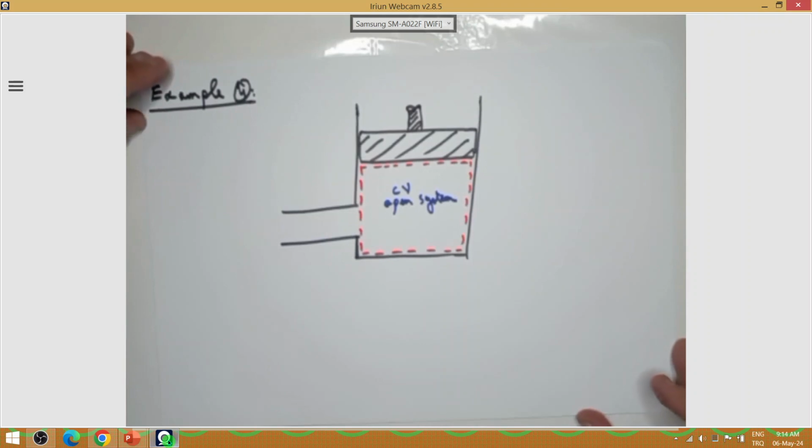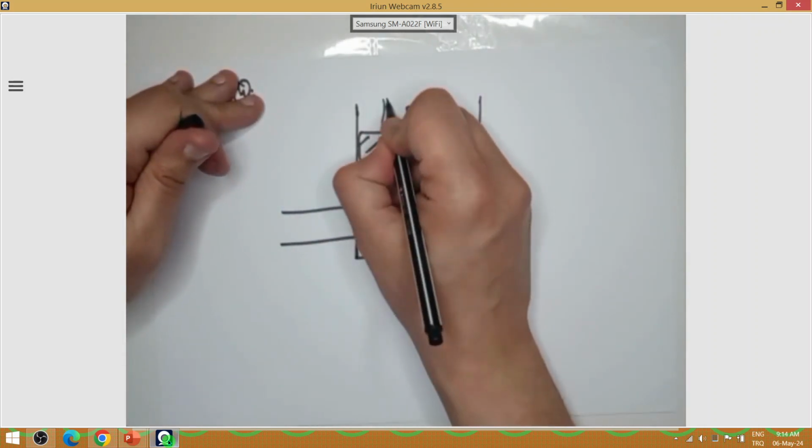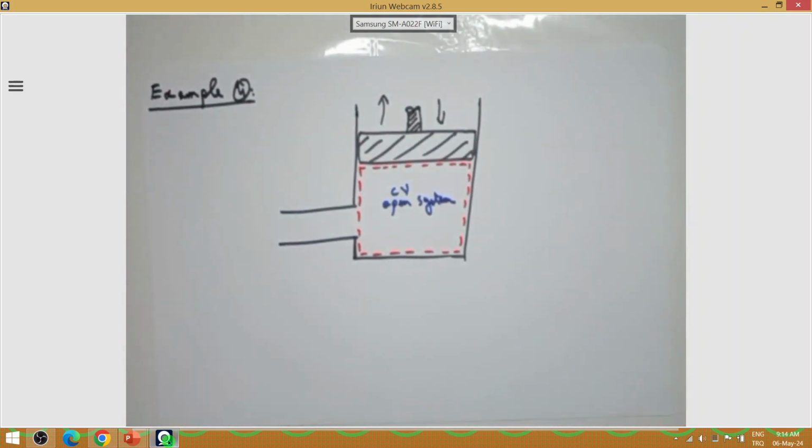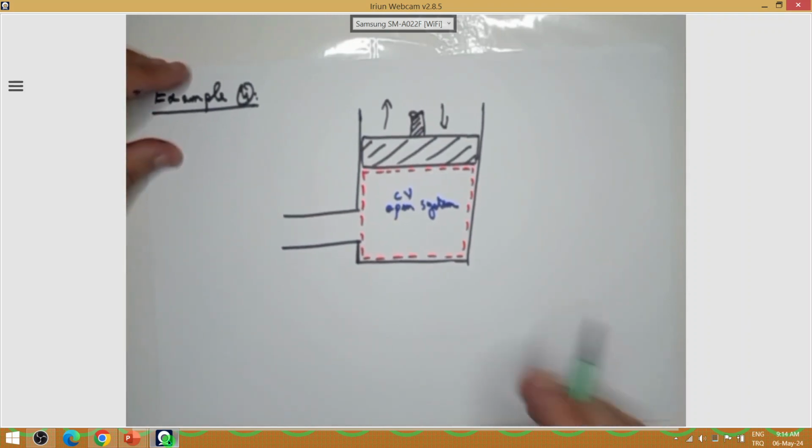So I have a piston, I have a cylinder, my piston can go up and down, and I have boundaries, and I have flow of mass that can go in and out.